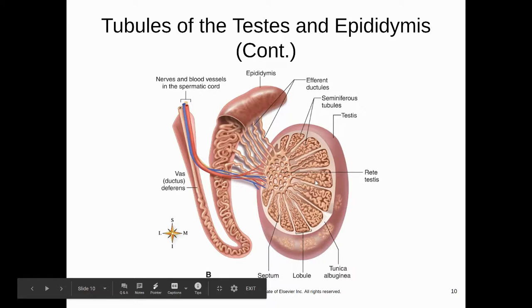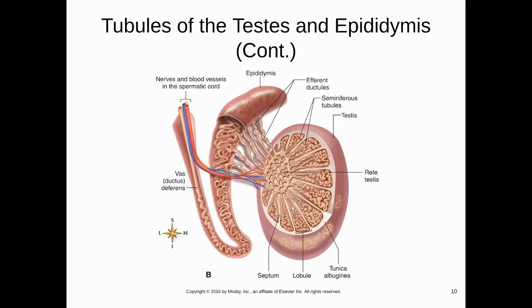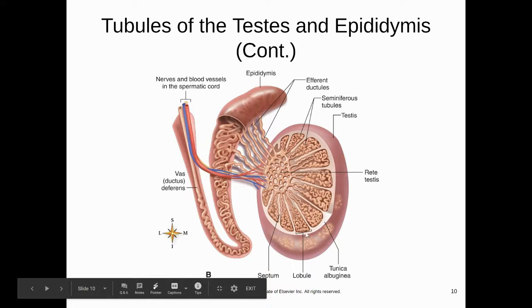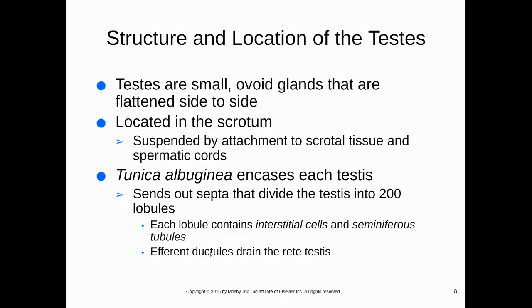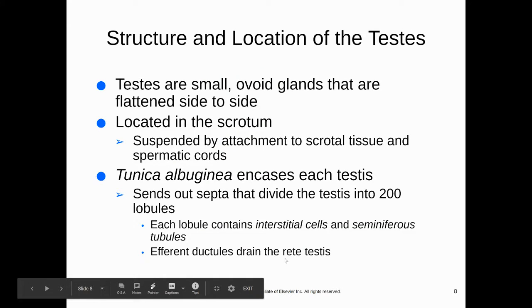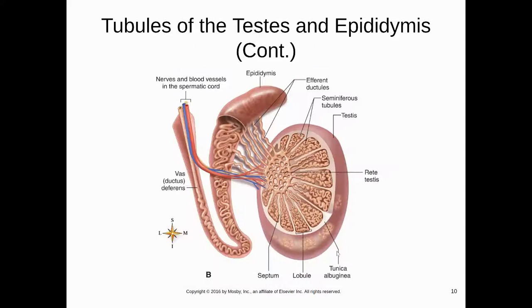So we've got the seminiferous tubules, the septum, lobule, the tunica albuginea, epididymis, and efferent ducts. The efferent ducts connect and drain the testes into the epididymis.